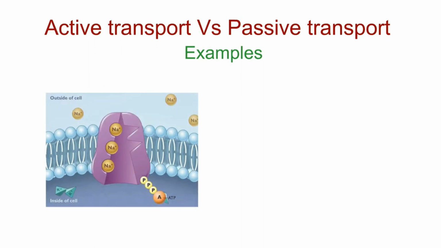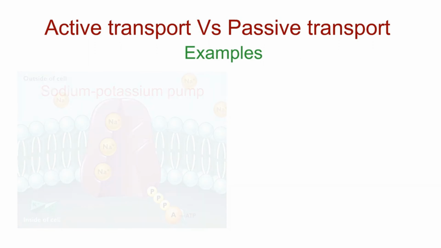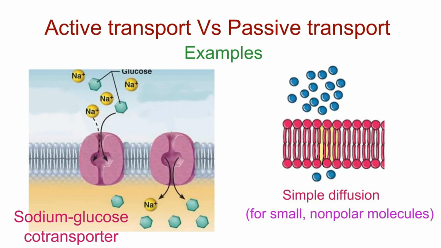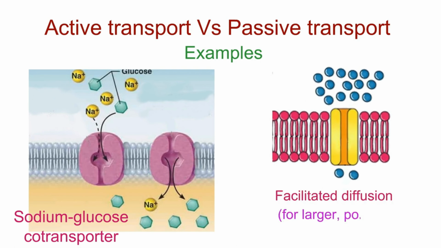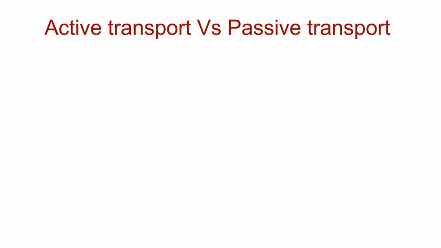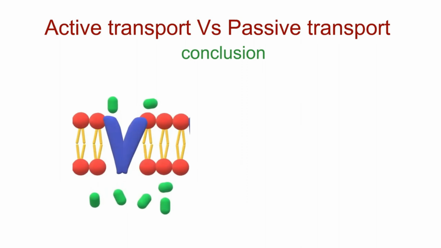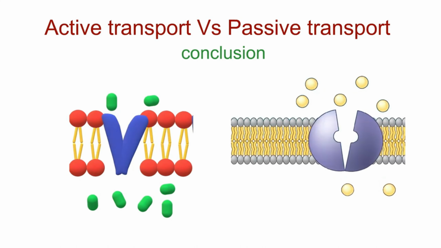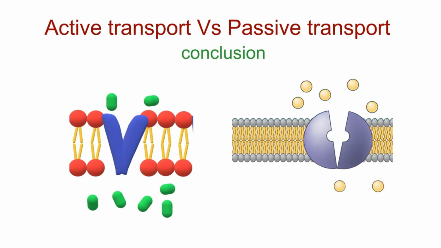Examples of active transport include the sodium-potassium pump and the sodium-glucose cotransporter, while simple diffusion for small, nonpolar molecules and facilitated diffusion for larger, polar, or charged molecules are examples of passive transport. So, in summary, active transport is the energy-consuming process that moves molecules against their gradient, while passive transport is the energy-free process that goes with the flow of the concentration gradient.